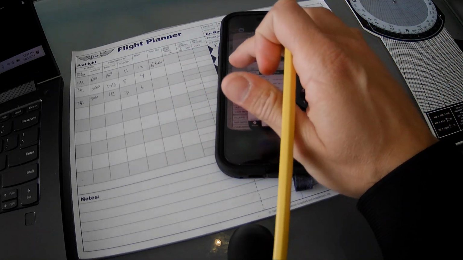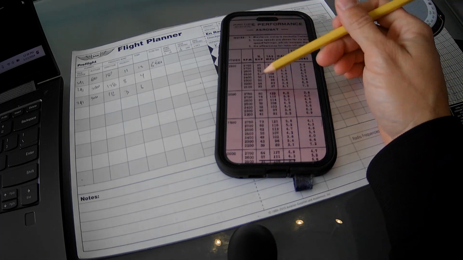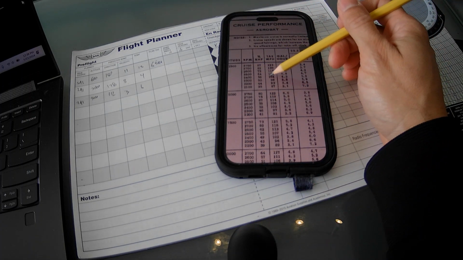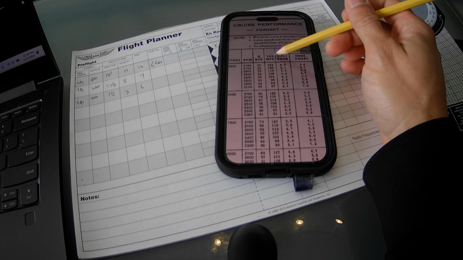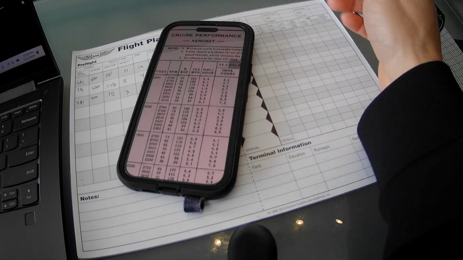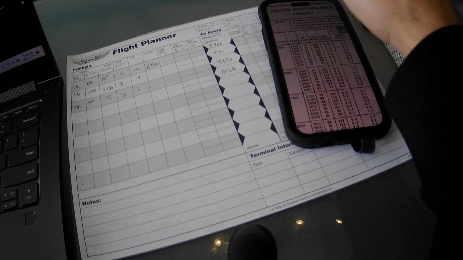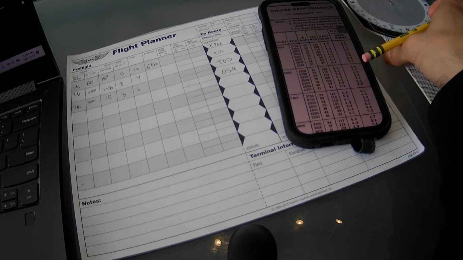Returning back to the POH for our cruise phase. And let's do 2,400 RPM, 104 true airspeed, miles per hour, and 4.3 gallons an hour. And for our full burn is 6.6. 6.6 and 4.3. And that's going to be 104 miles per hour true.